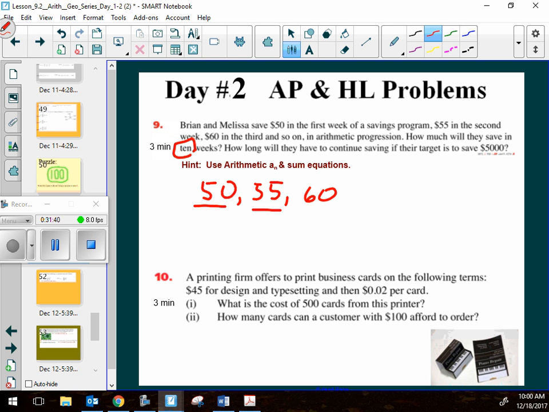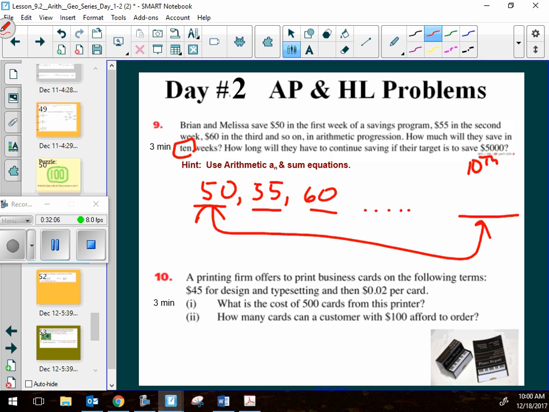That's the one where you just add up a set of numbers. So really it'd be nice to know what they got in the 10th week, right? So we got the first 3 weeks, dot, dot, dot. You better figure out what the 10th week is so that you can add the first and the last, and then multiply by half of how many terms you had. That ring a bell? All right, so let's figure out the 10th week.